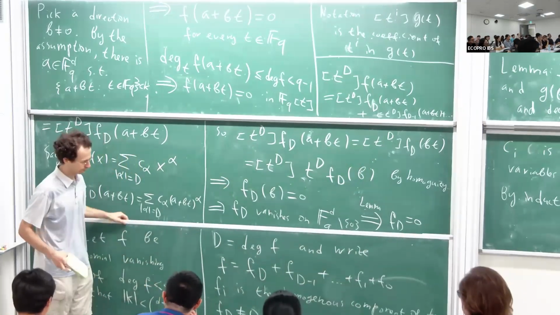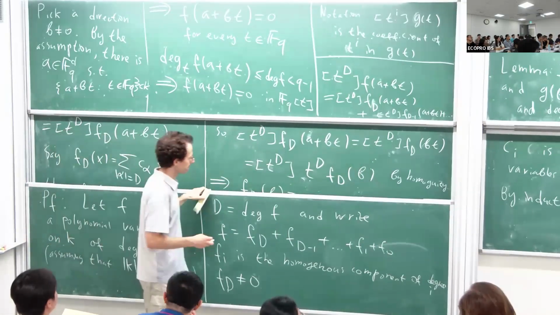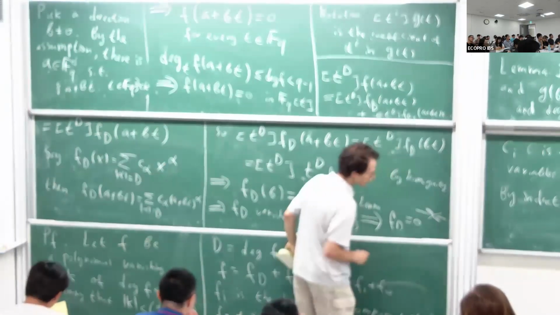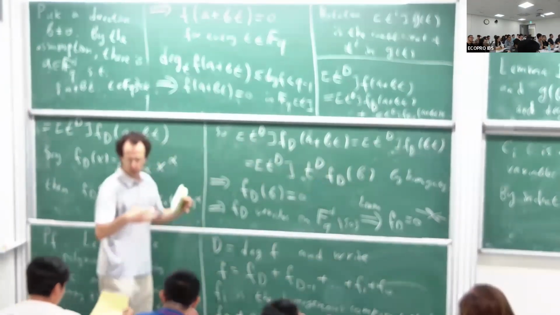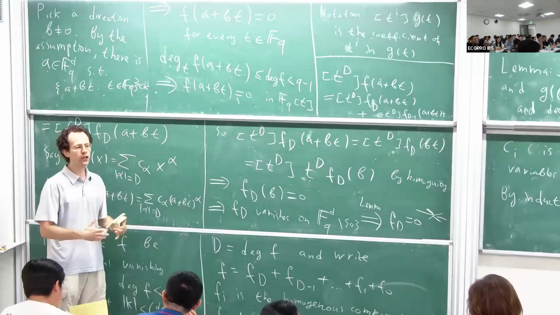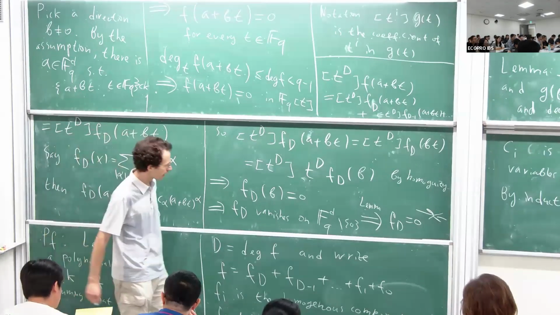Okay? And that's a contradiction. And what we're contradicting is the assumption that k was set so small that we could find a small degree polynomial vanishing. Okay, that's the proof.